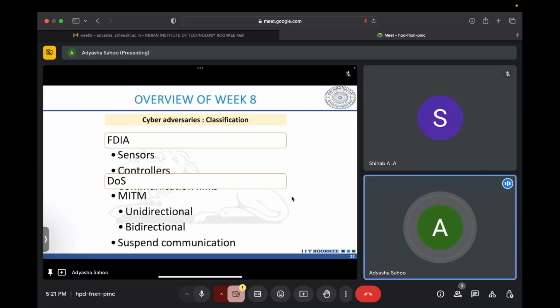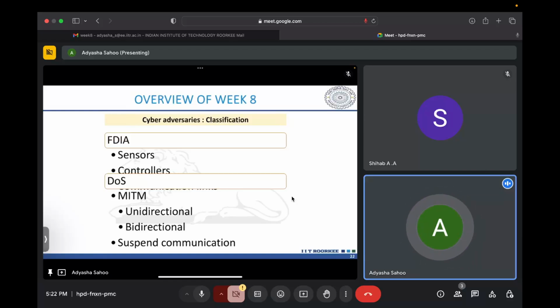In the false data injection attack, the attackers will manipulate the data that is being sent from the physical layer to the cyber layer, and they will change the actual data, and then the false data will be communicated to the other end.